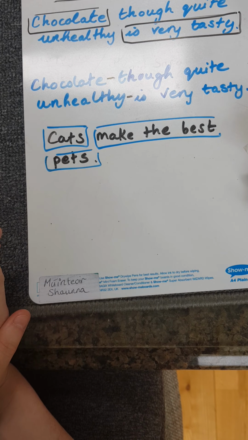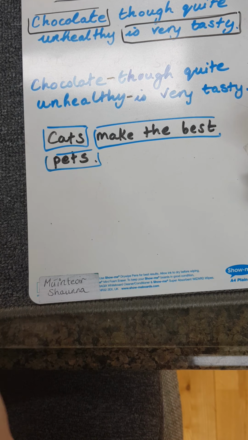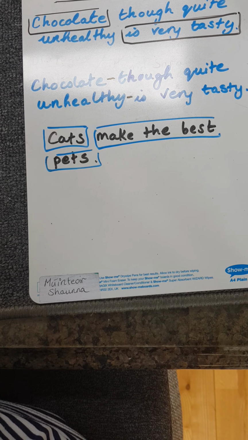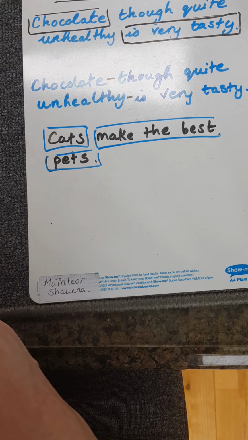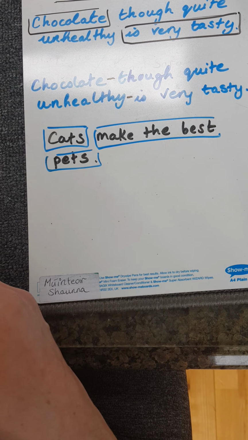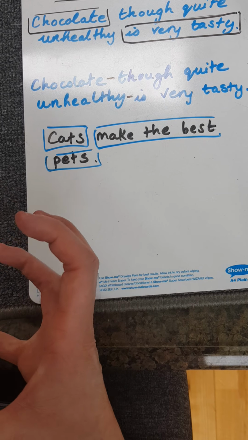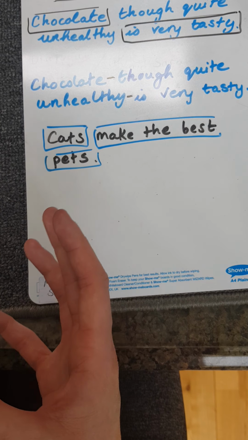Cats, although, let me see, I don't even have a cat, so I'm trying to think of something. Okay, so cats, though they have sharp claws, make the best pets.